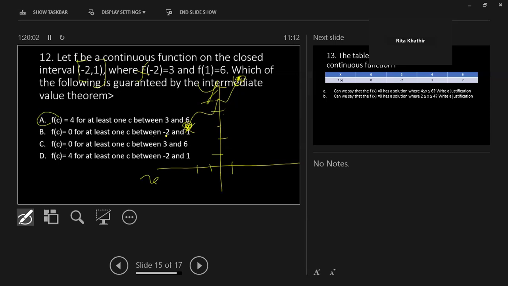Do you know which one is C? X value or Y value? C. X value. Remember, C is X because we have the formula f of X is Y. Okay. Y is f of X. So, look, is it possible that f of C is 4?